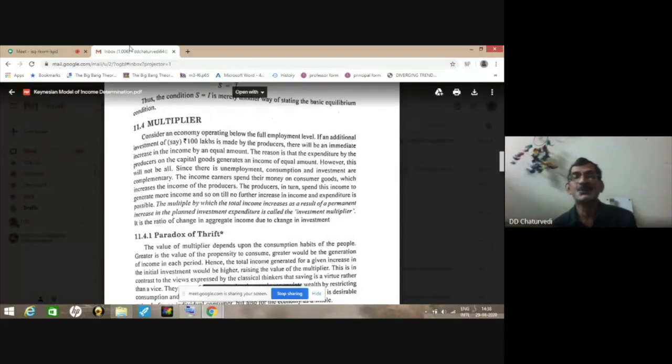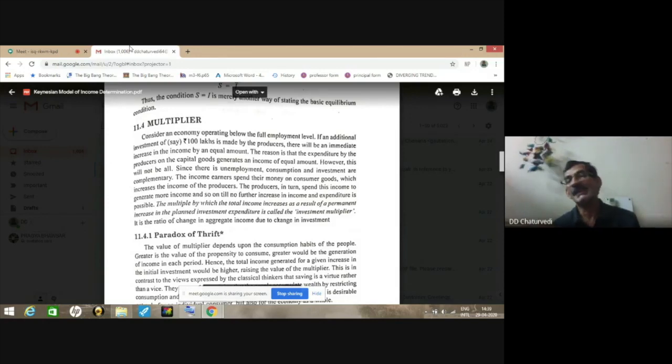Multiplier is a very useful topic. It simply shows the multiple by which total income rises as a result of a permanent increase in planned investment expenditure.